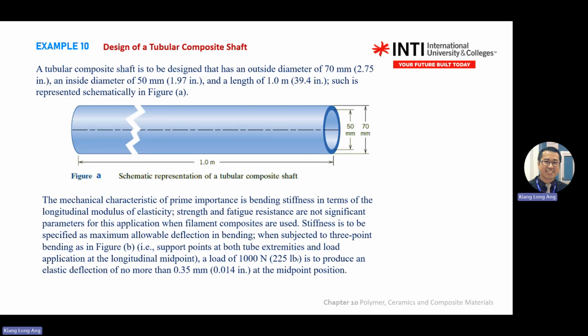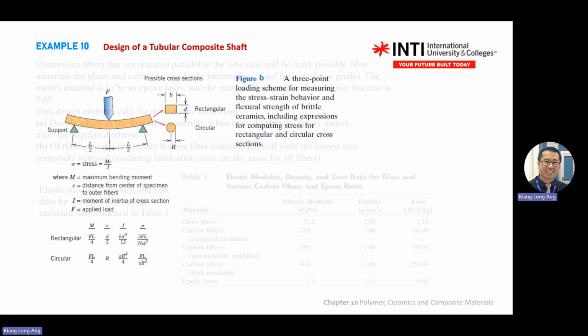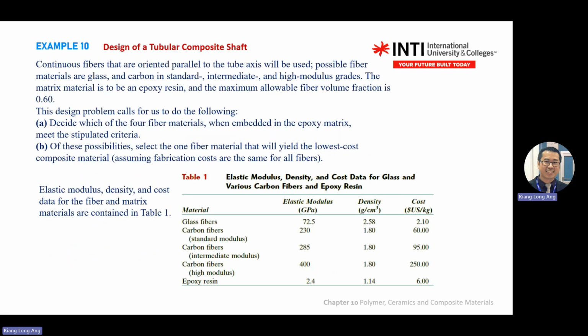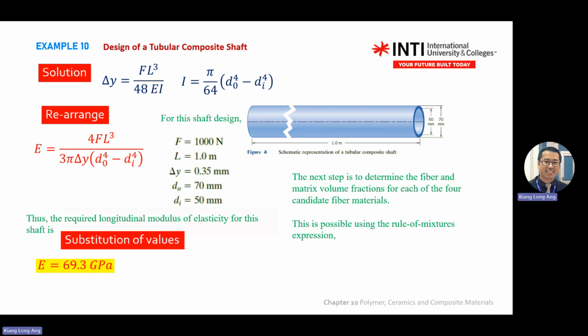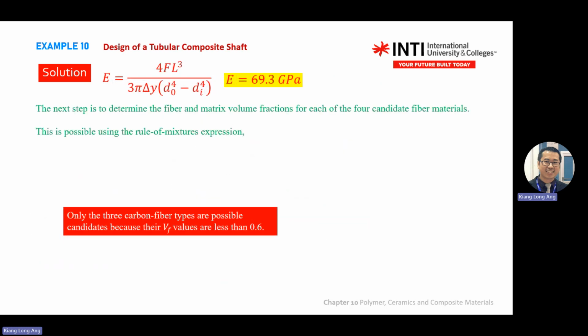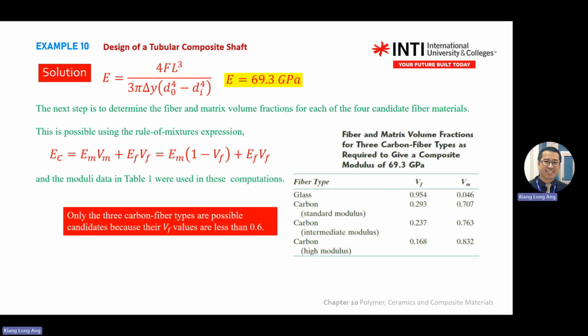Here, maximum allowed fiber volume fraction is 0.6. So when you build this table, Vf maximum 0.6 means from this table 4 combination you find your Vf maximum 0.6. So this one gone already. So you cancel this one. So you only have three options.